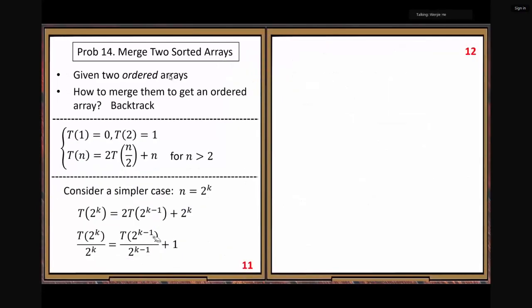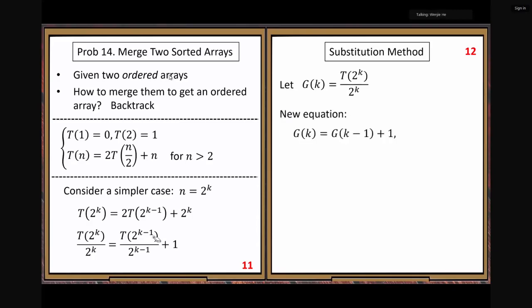All right, let's look at this slide. After the substitution with this g function, we get a new equation: G of k equals g of k minus 1 plus 1. Much simpler, right?